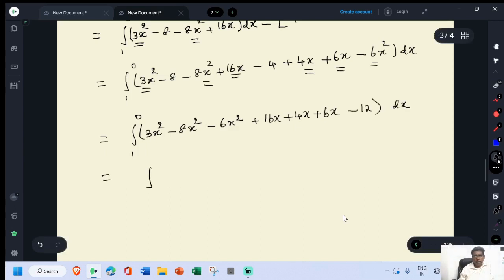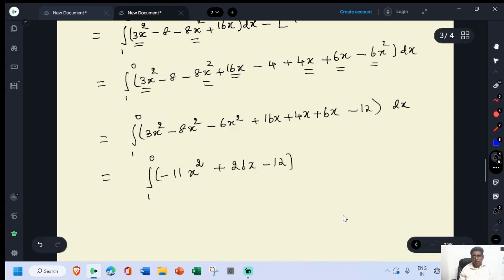This is equal to the integral from 1 to 0 of 3x square, minus 8 minus 6, this is minus 14, minus 14 plus 3, that is minus 11x square. Then minus 6x square, the x square terms are over, 16x plus 4x plus 6x is 26x, minus 12.